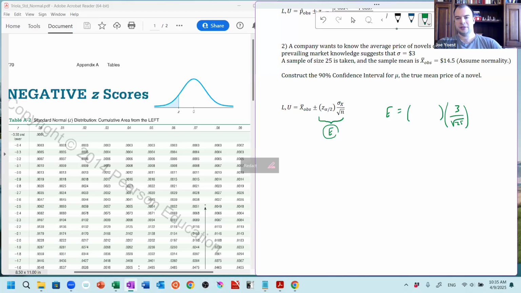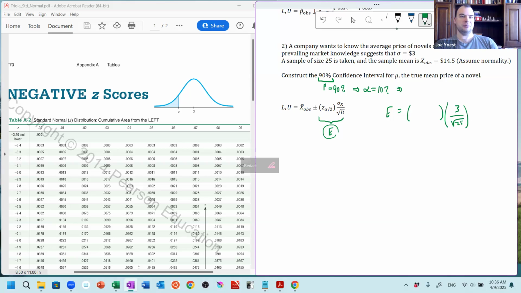Now I know that my confidence level is 90%. So 90% of the time I'll successfully construct an interval that covers the true mean mu. But that means 10% of the time I make a mistake. 10% of the time I construct an interval that maybe falls completely below mu or completely above mu, and I missed the mark.